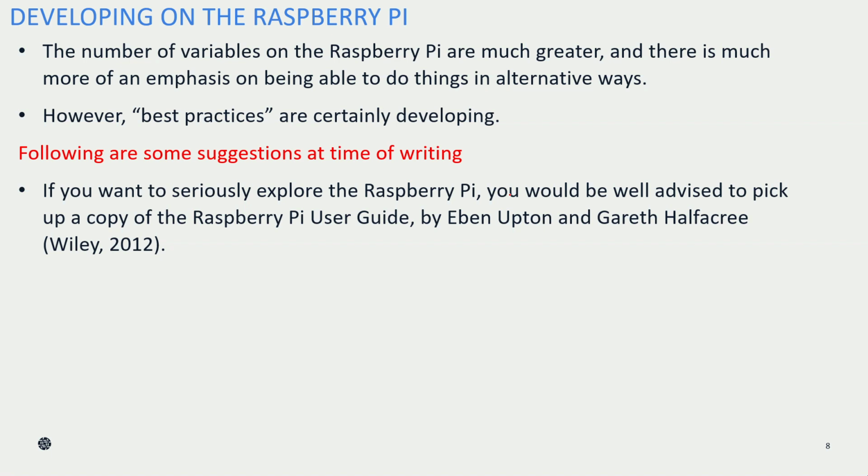All these things are very much an advantage. And if you see, the variables in the Raspberry Pi are much more when compared to the Arduino. Hence, whenever you have more variables, you can do more things using the Raspberry Pi. So definitely you are going to use it for many purposes. That is, the number of variables on the Raspberry Pi is much greater.